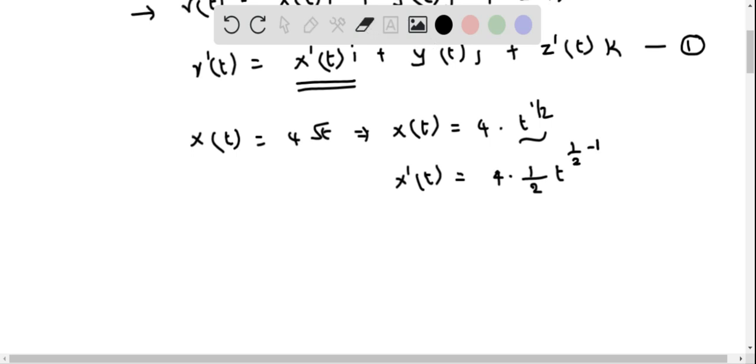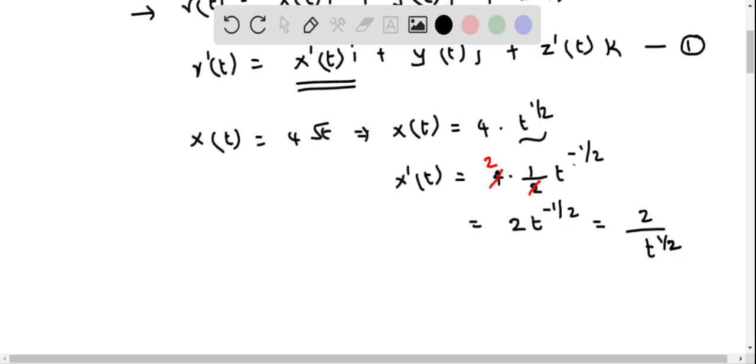This half minus 1 is negative half. So I write this as negative half. And so therefore this equals 4 divided by 2 as 2 times, so this equals 2 t power minus half, or otherwise we can write this as 2 divided by t power positive half.